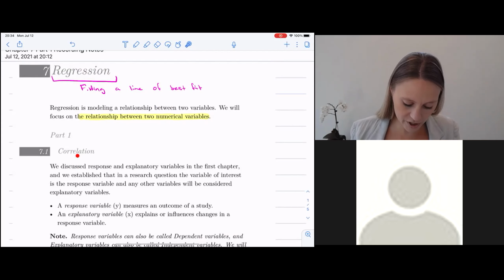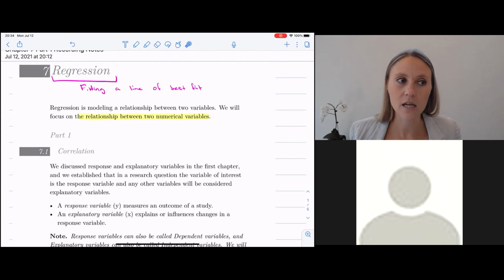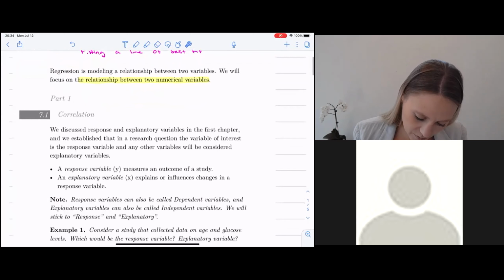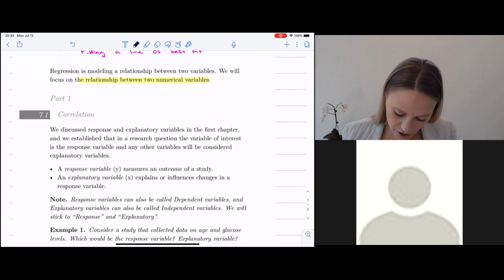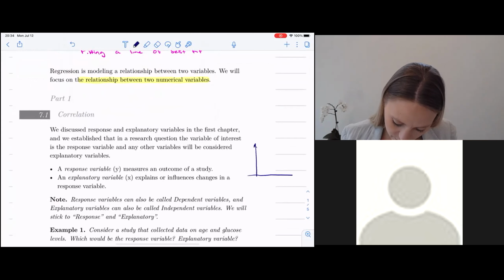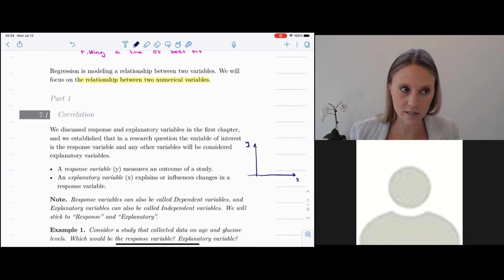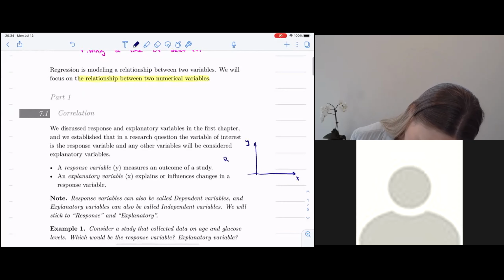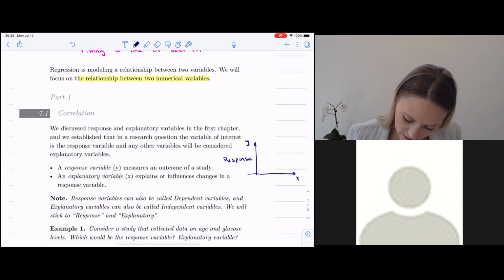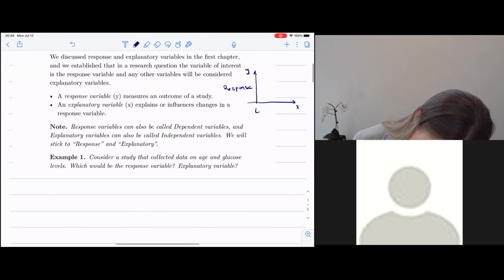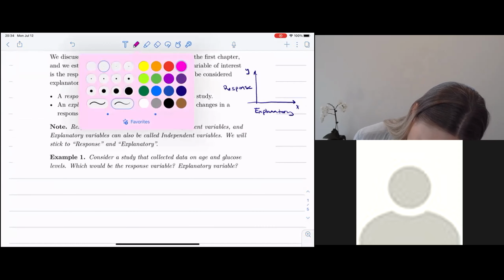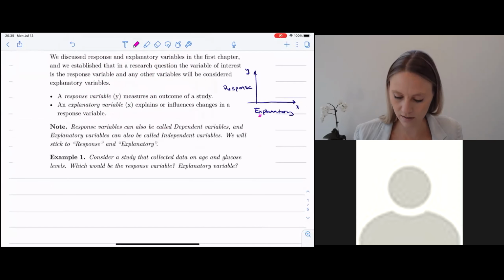So to talk about the correlation, we first need to talk about response and explanatory variables again. We talked about the response and the explanatory variables before in chapter 1, and all we said back then really was that, okay, if this is your x and this is your y-axis, then the response variable has to go on the y-axis and the explanatory variable goes on the x-axis, right?